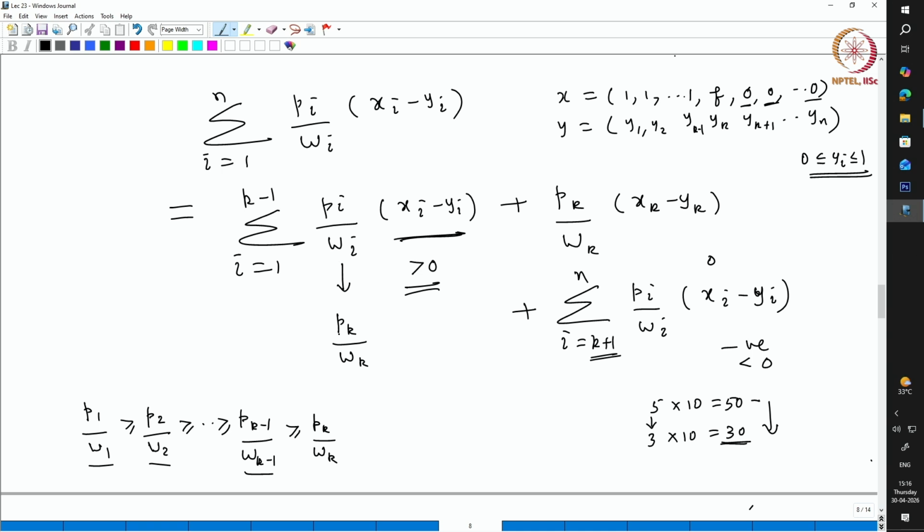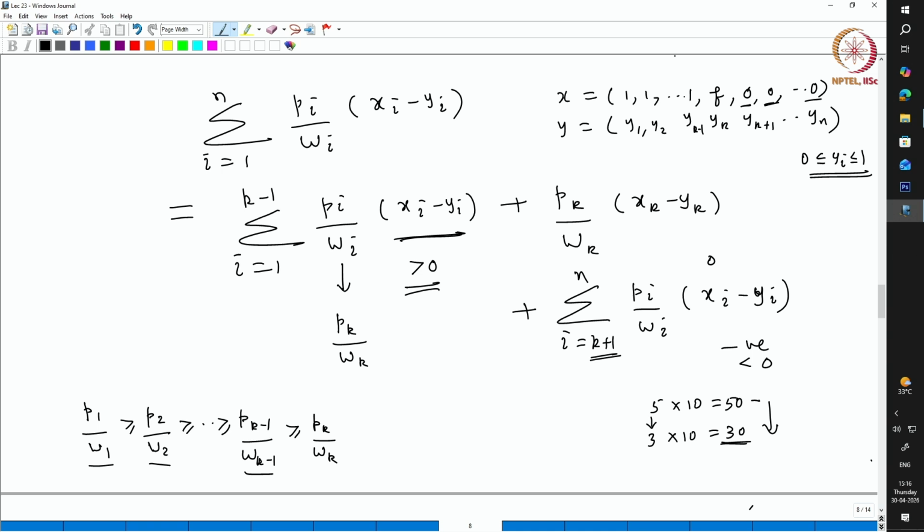So when I replace Pi by Wi by Pk by Wk, I am reducing the value, term by term it becomes smaller. Therefore, in the first sum, I can replace Pi by Wi by Pk by Wk. Now, something very interesting is happening in the second part, in the second sum.